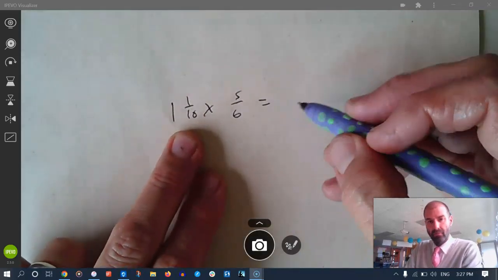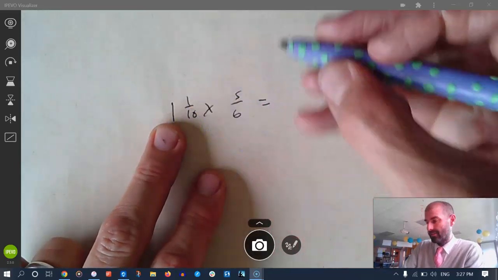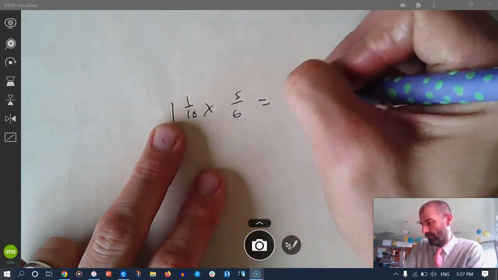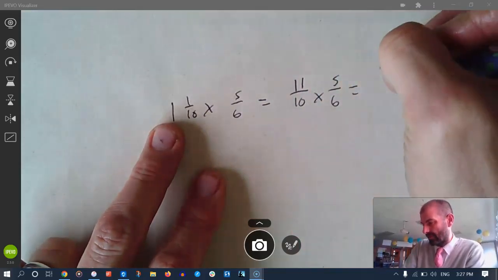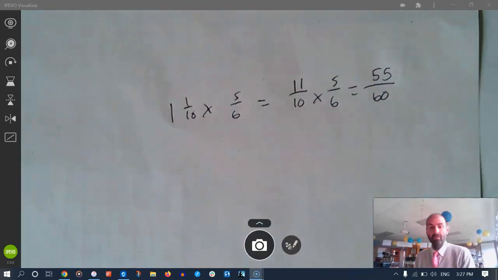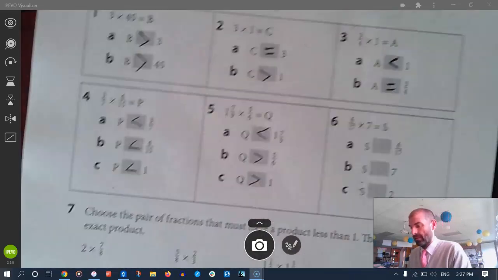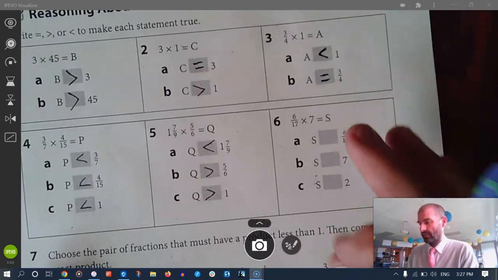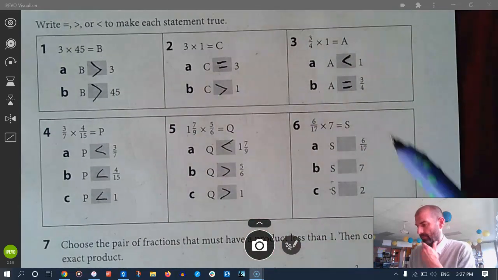So let's convert this to a mixed number. So 1 whole is going to be 10/10, so that's going to be 11/10 times 5/6, and that's going to give me 55/60. So that is less than 1. So sometimes that mixed number is going to be less than 1, but I feel like 7/9, that's far enough away. It probably has some relationship there between.